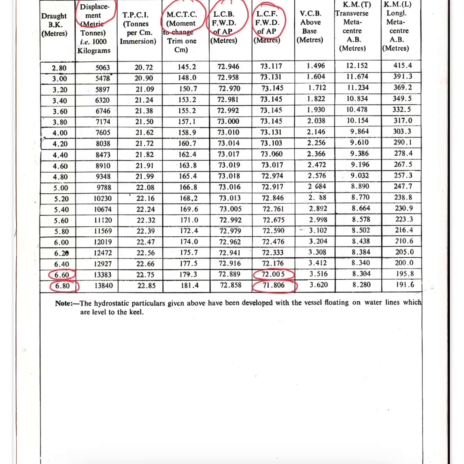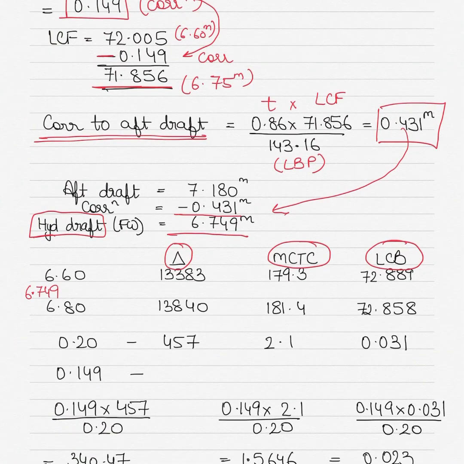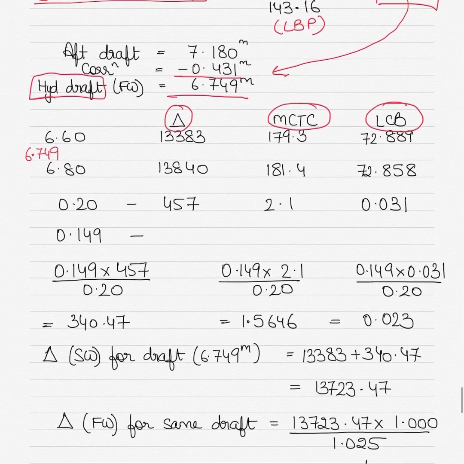MCTC stands for moment to change trim by 1 centimeter, and displacement is of course the weight of the ship. So you will note down all these values for 6.6 and 6.8, and you will be doing an interpolation like you did before to find out the appropriate values for the draft of 6.749, which is the hydrostatic draft.